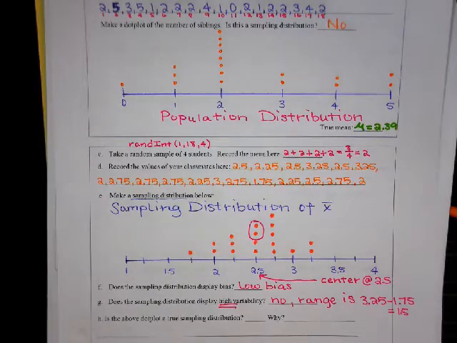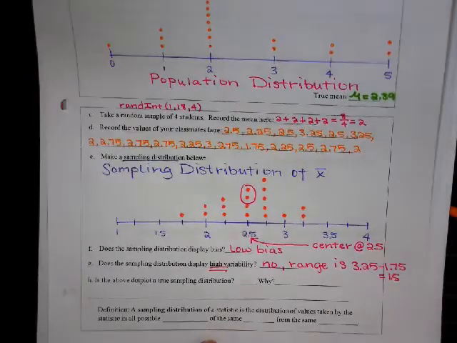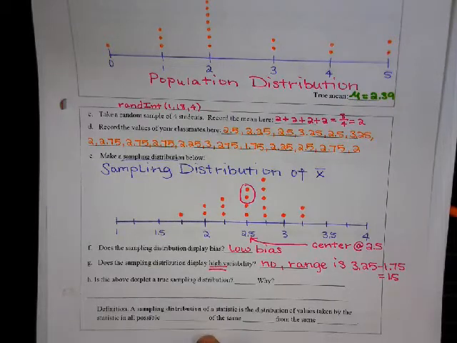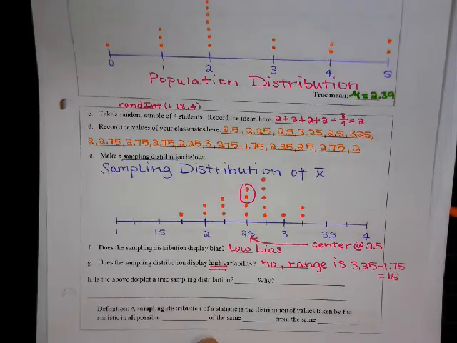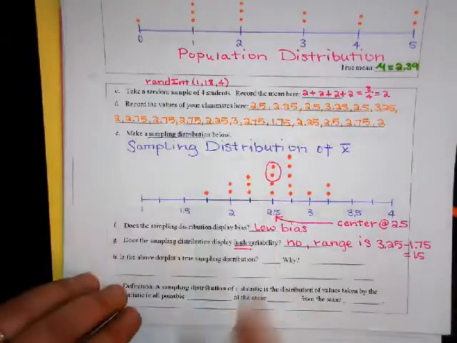Is our dot plot a true sampling distribution? Did we take all possible samples of size 4? No. We took 18 of them, although some of you might have had repeats, because the random digit generator is written to start at a certain set of random digits, so some of you might have gotten the same 4 random digits.